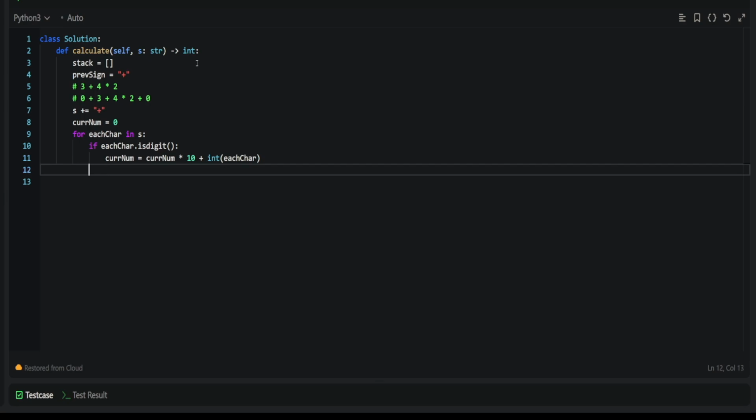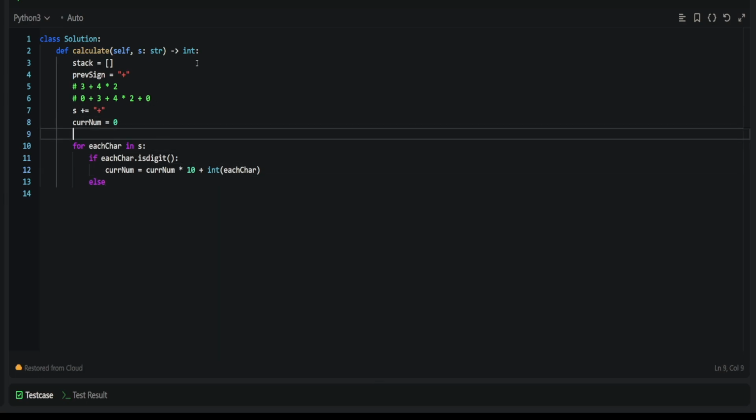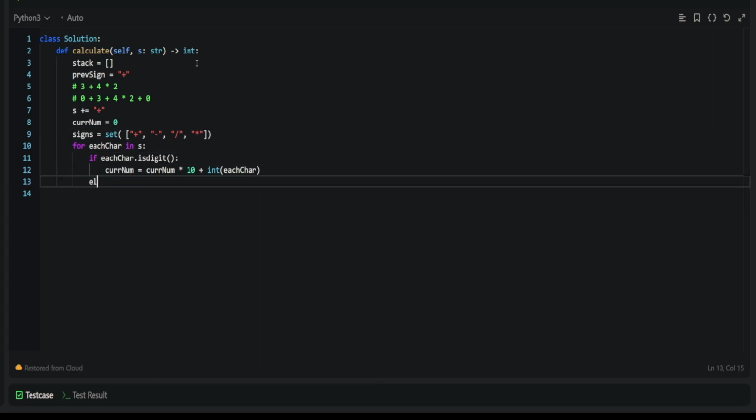Now, else if, we also have to check if it's a sign, and I don't want to use string comparison for each individual one. So what I'll do is have a signs set with plus, minus, division, and multiplication, so that if the current character is in signs, we can operate on it.